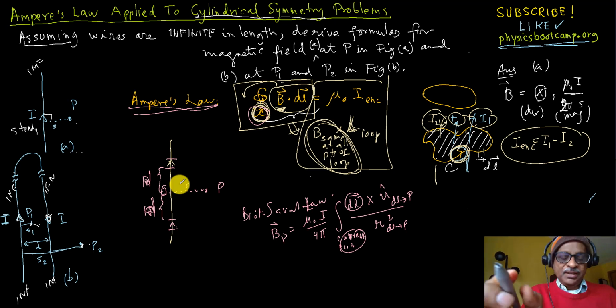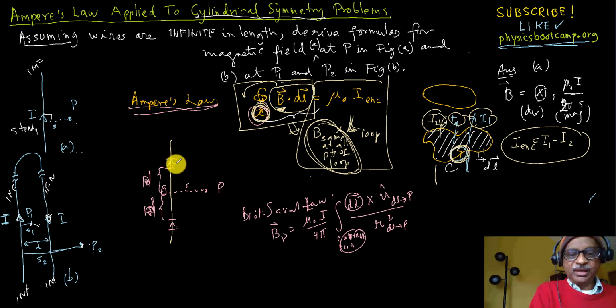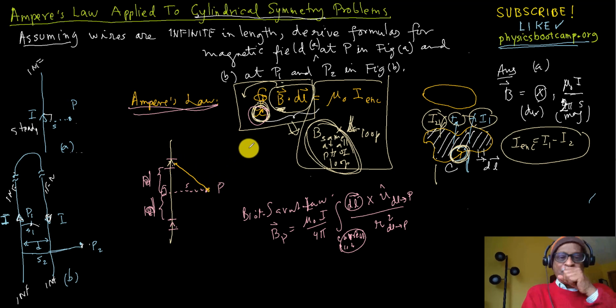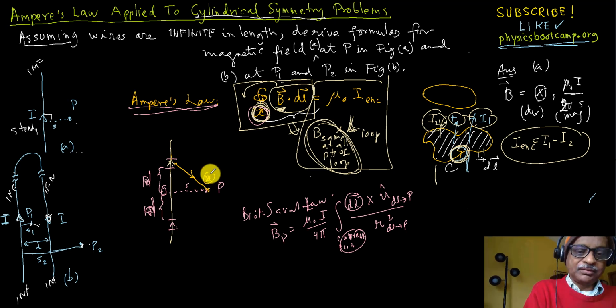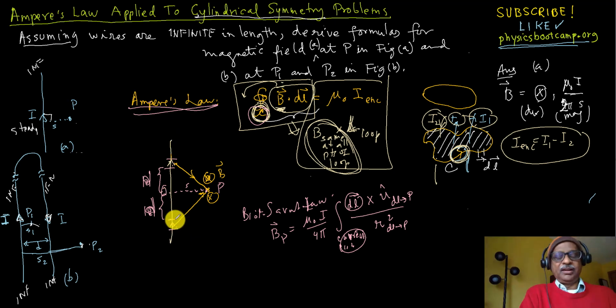If you look at the right hand rule, this cross this is going to be inside, so the magnetic field will be pointed that way. From here to here, the magnetic field will be pointed that way. And always the magnetic field is pointed into this.